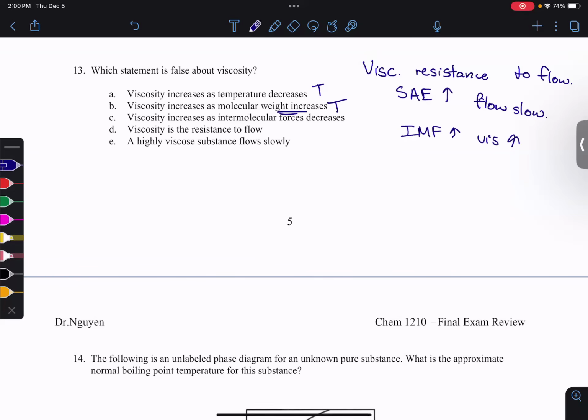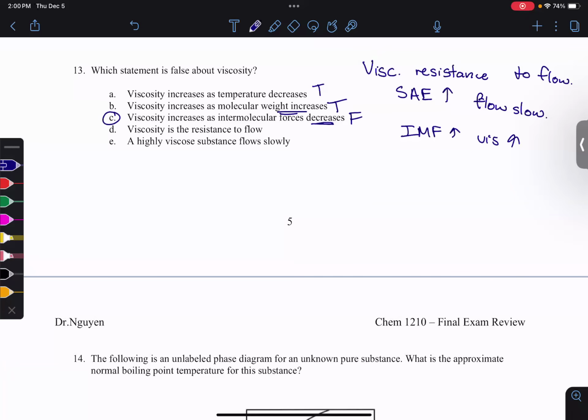So molecular weight, that is a general term for saying, oh, your attractions are increasing. C is also saying the same thing. Viscosity increases as intermolecular force. Oh wait, no, that one's not true. Yeah, that one's false. That's the false one. Sorry, my brain wasn't saying the correct words. Yeah, so C is the false one.